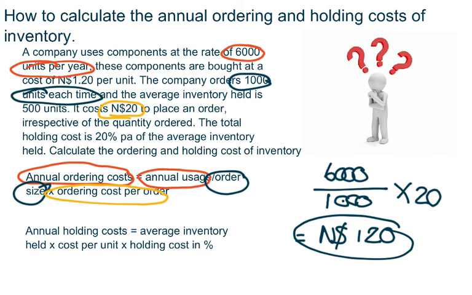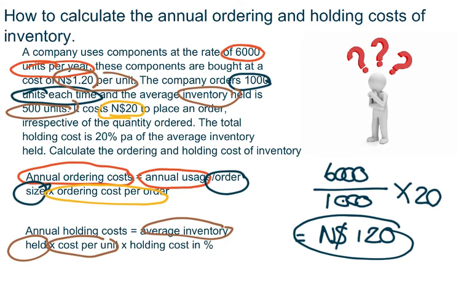Now, if we look at annual holding cost, my formula is average inventory held. So where do I see my average inventory held? My average inventory held, I can see there is 500 units, and then it's the cost per unit. What is my cost per unit? My cost per unit is 120 per unit times my holding cost in percentage, and it was given to us as 20% per annum.